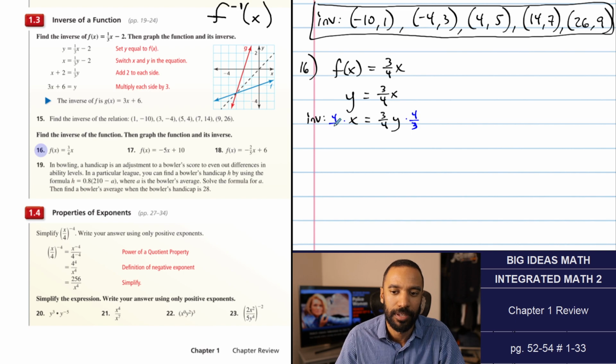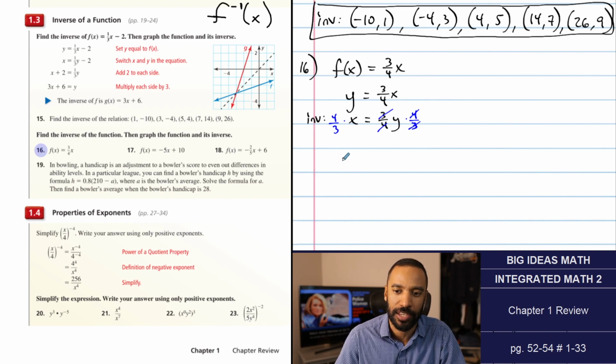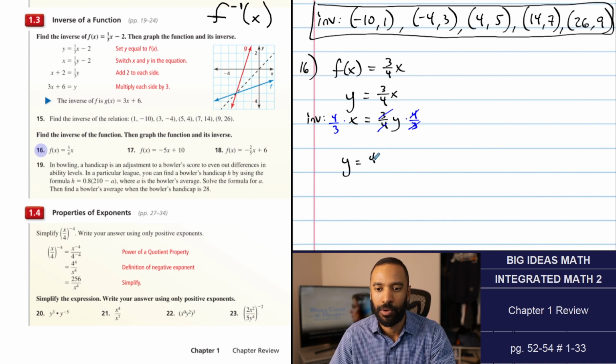In a single step, 4 divided by 4 is 1, 3 divided by 3 is 1. You're left with y equals 4/3 x. So the inverse of f is 4/3 x.